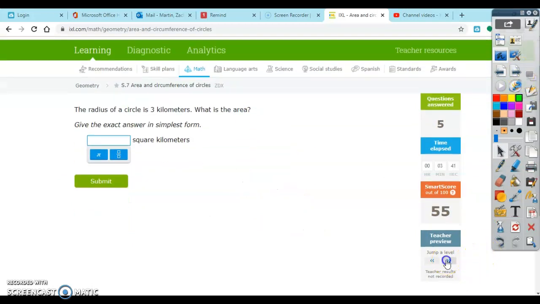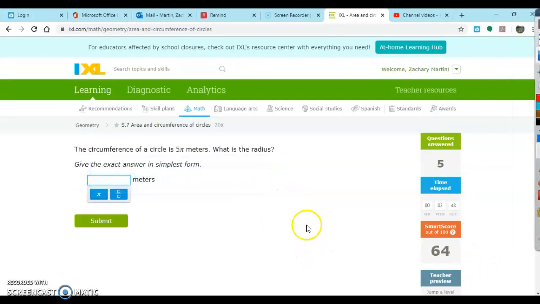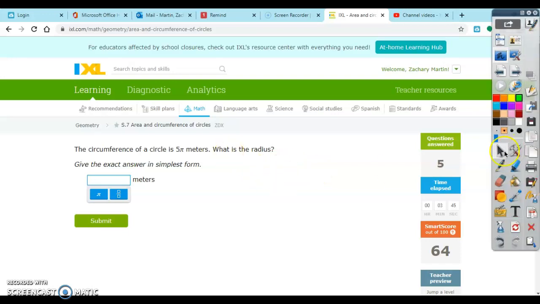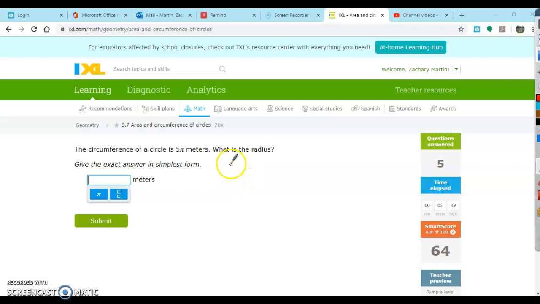Then they ask us for area again. Let's jump up a level and see if we can find a different type of problem here. Circumference. Oh, they give us the circumference. They want us to find the radius. So the circumference is 5 pi, and we know that's equal to 2 pi r. They want us to solve for r. Well, what do we need to do? We need to divide both sides by 2 pi.